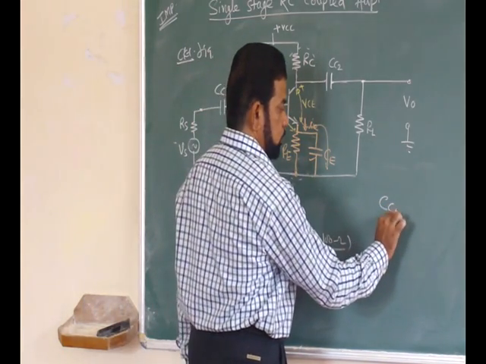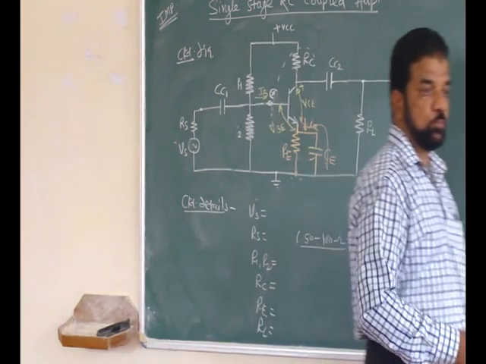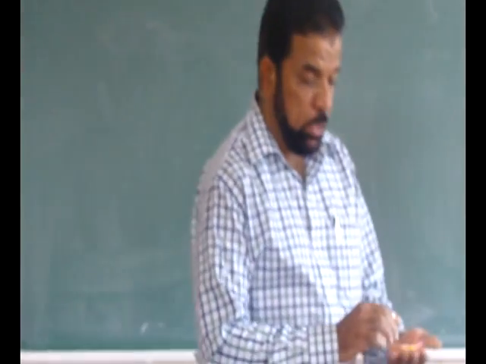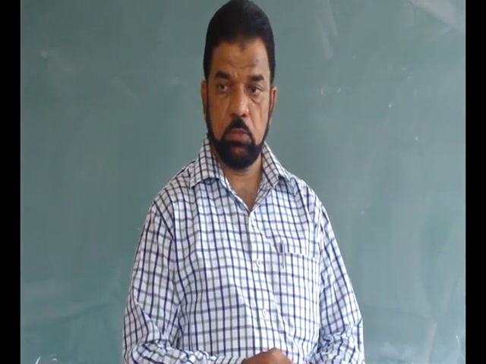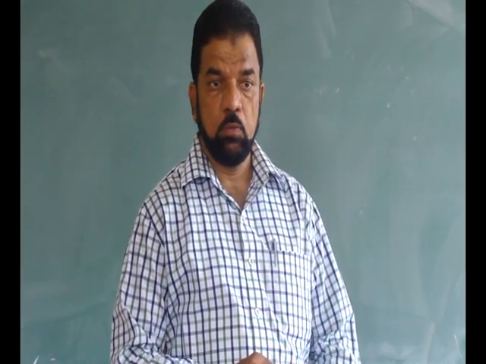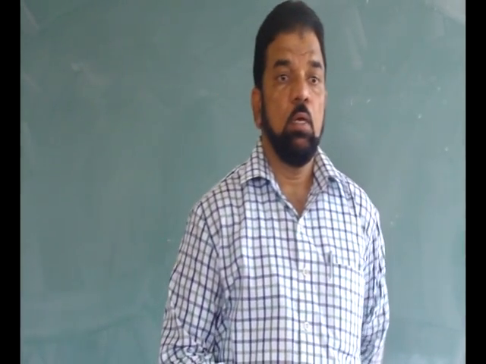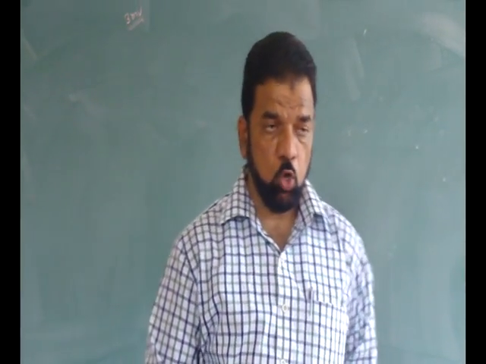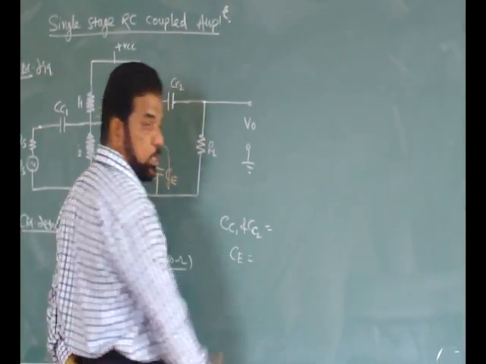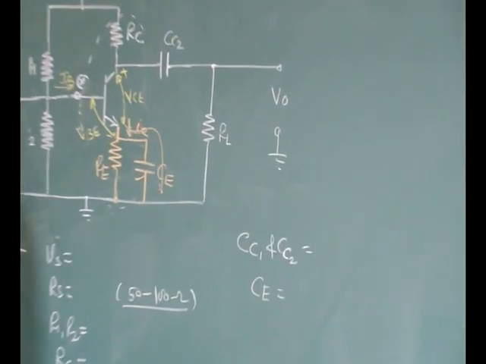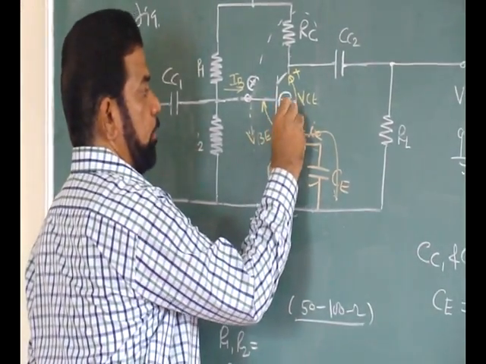Now come to the capacitors. CC1 and CC2 are the coupling capacitors or blocking capacitors, whereas CE is the emitter bypass capacitor.